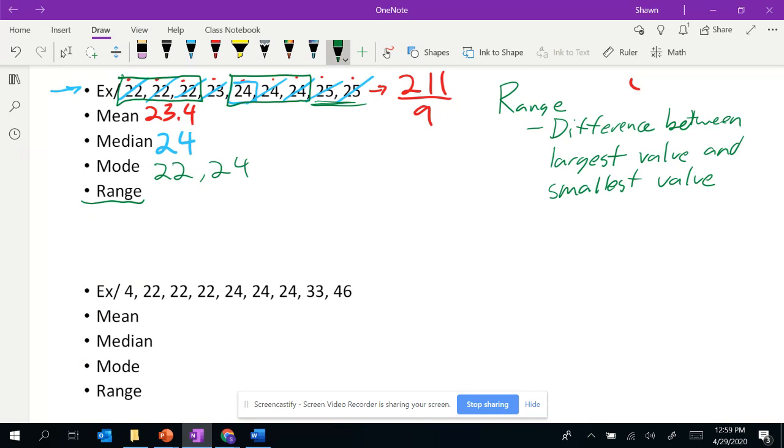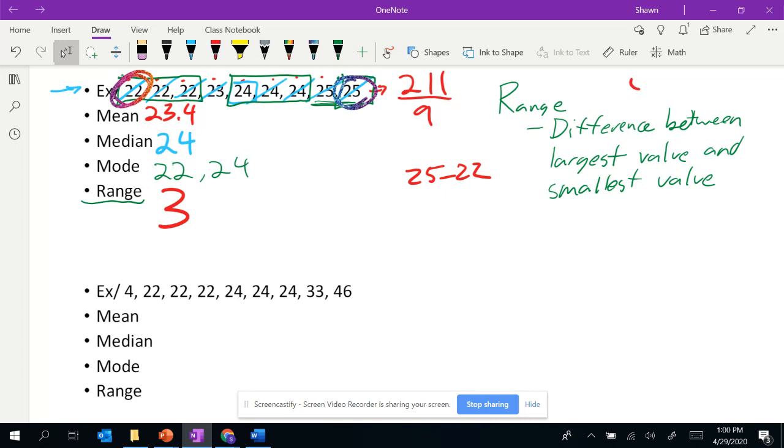Our largest value is 25, and our smallest value is 22. So our range is going to be 25 minus 22, or in other words, our range is 3. So that's our new thing that we're going to be doing today.